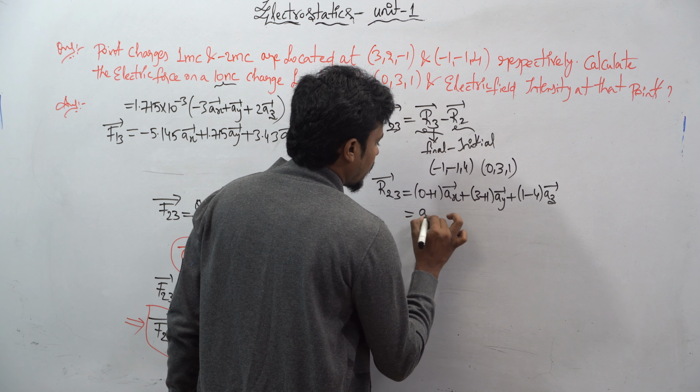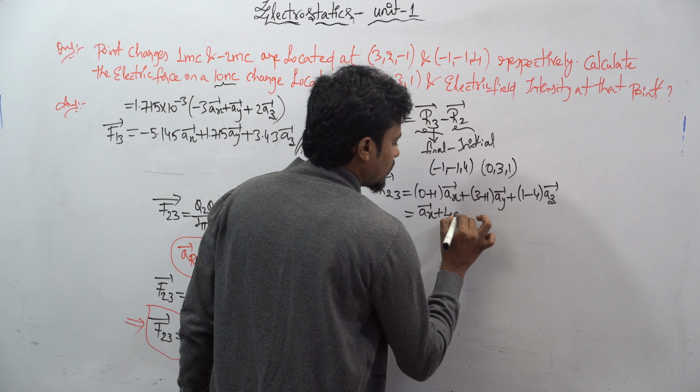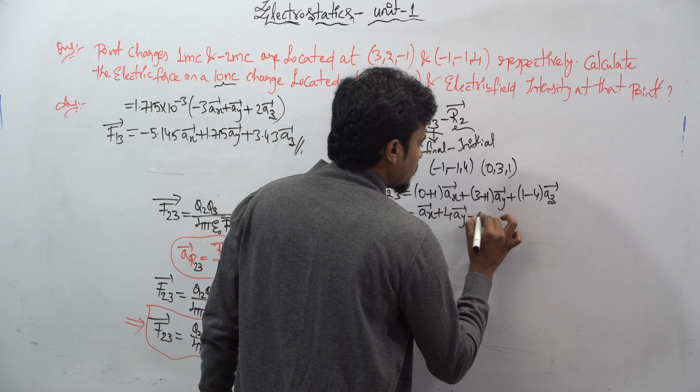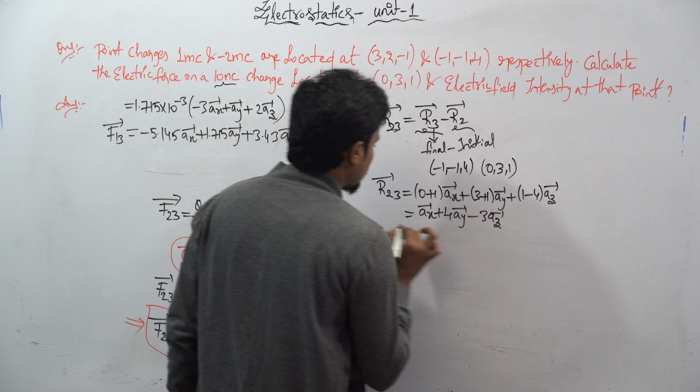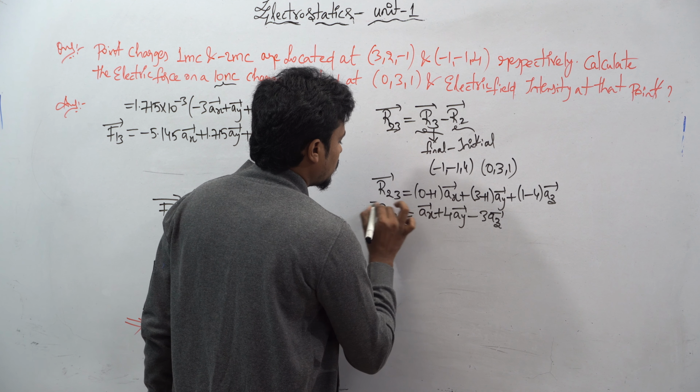So this will become ax bar plus 4 ay bar minus 3 az bar. So this be the R23 bar.